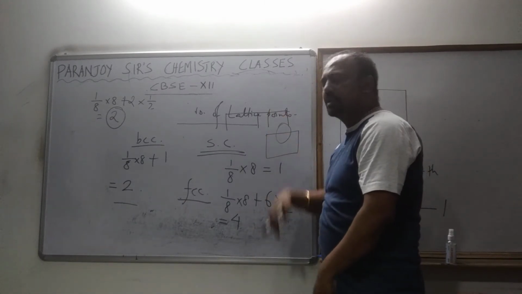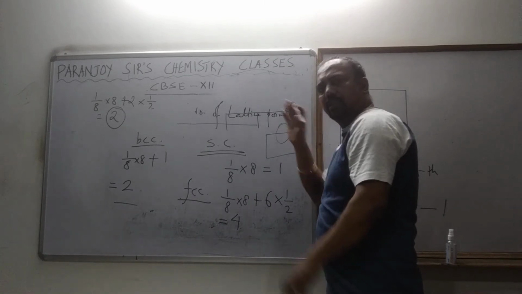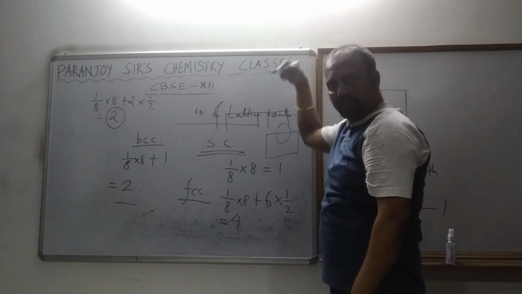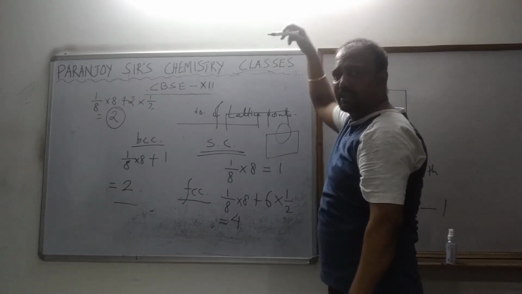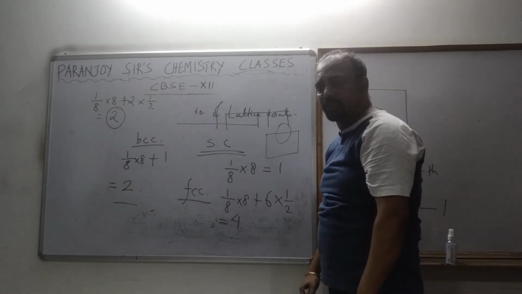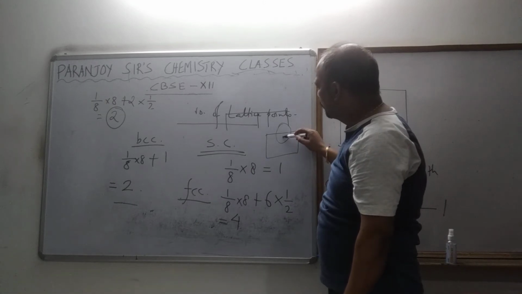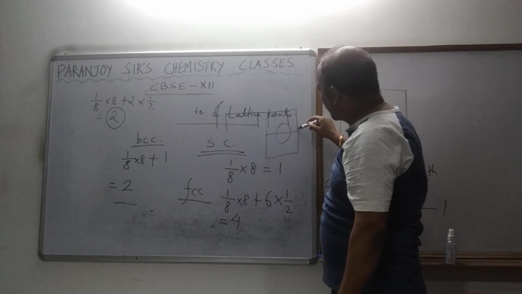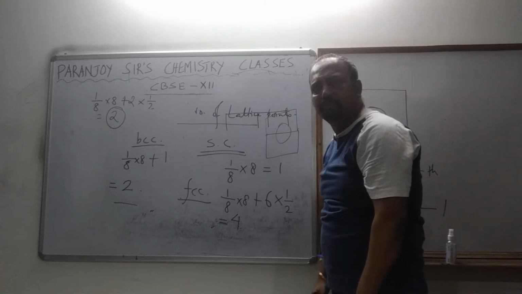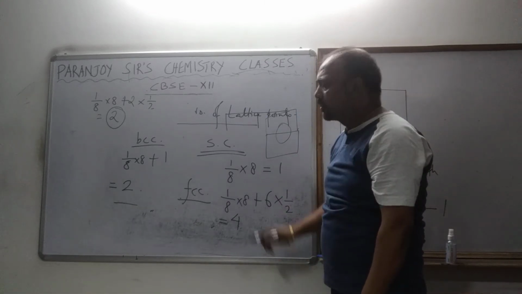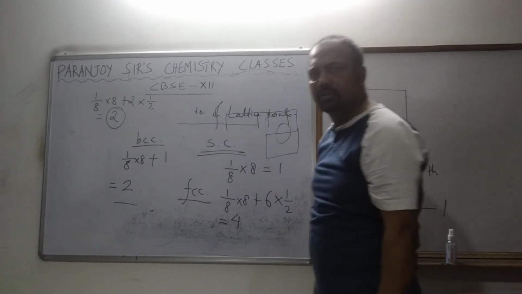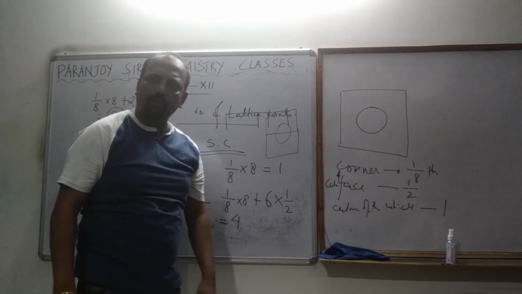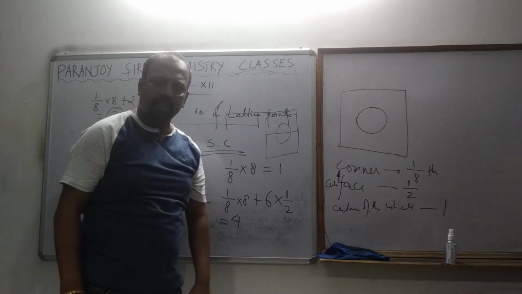This room, the next room, the one above it, and the one above that. It is divided among 4 rooms. Did you understand that? So how much share is it getting? It is getting 1/4 share.